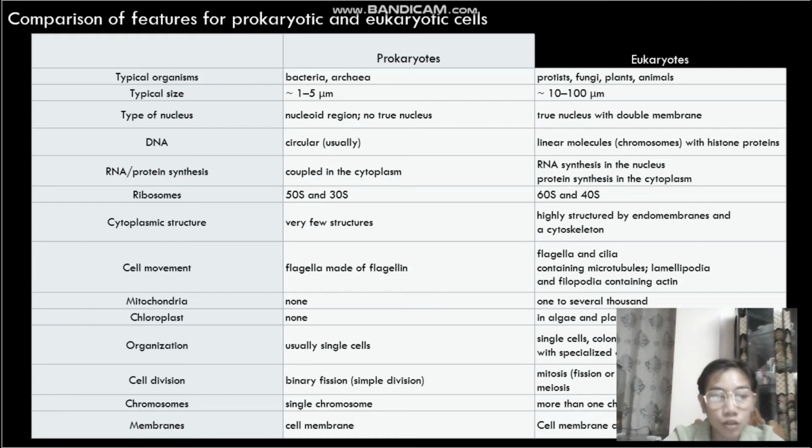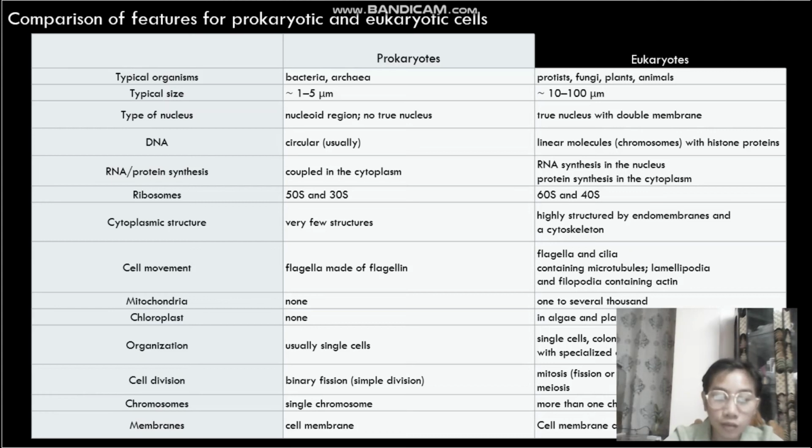For the organization, the prokaryote is usually single cells, while the eukaryotes are single cells, colonies, or higher multicellular organisms with specialized cells. That's the advantage of eukaryotes. For cell division, the prokaryote has only binary fission or simple division, but the eukaryotes have mitosis, division or budding, and also meiosis.